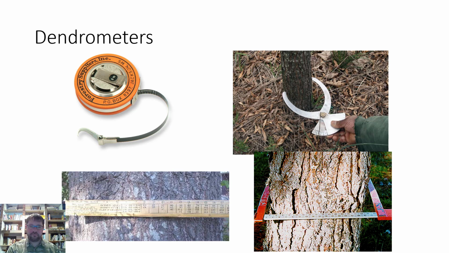And then Biltmore rulers or Biltmore sticks. Again, this is an old method that used to be done quite often. Still done by some people, but I would argue that the DBH tape is probably used by most.